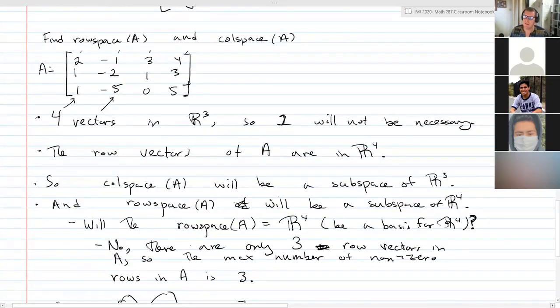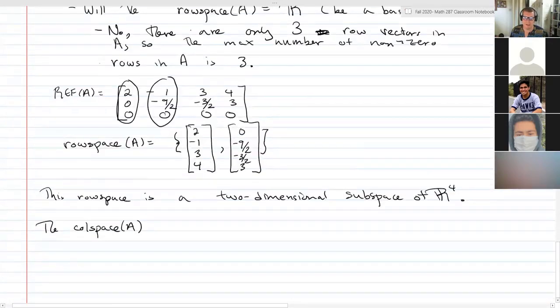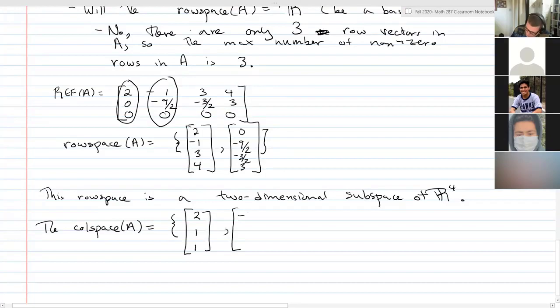So for the column space, wherever I have a pivot in the REF of A, I translate that back up to A, and those two columns are the members of my column space. So the column space of A is going to equal (2, 1, 1) and (-1, -2, 5).